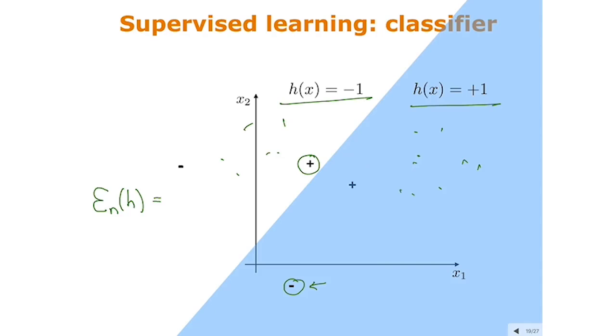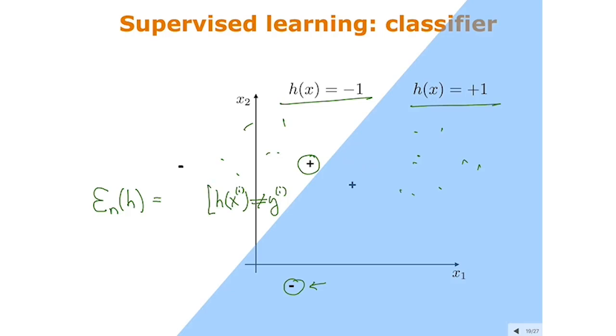Well, I take the classifier, apply it to the ith training example. As a result, I will get a plus minus 1 label. I compare that with the given label for that example. Okay. If it's not the same, this statement here is true, so there's a discrepancy.